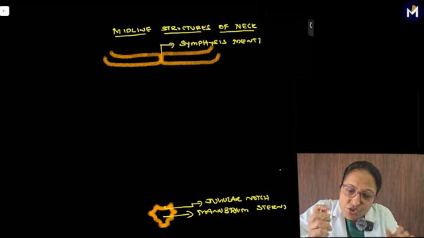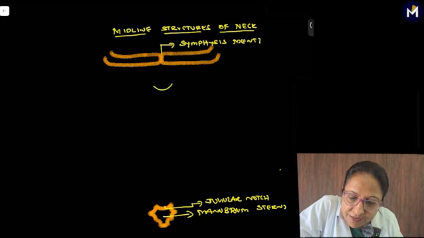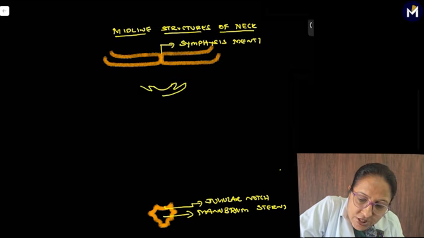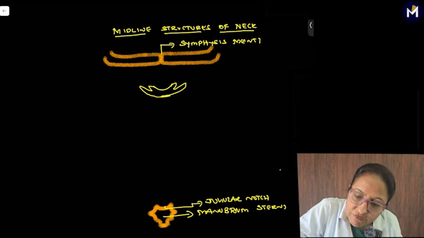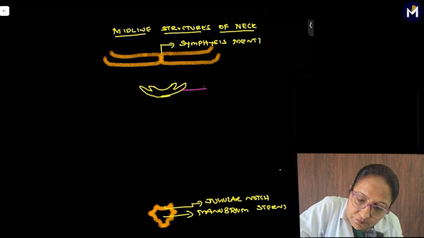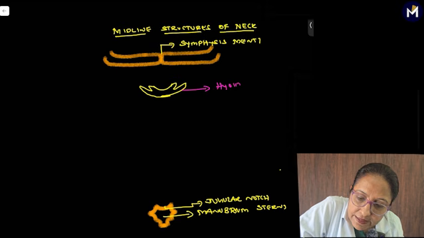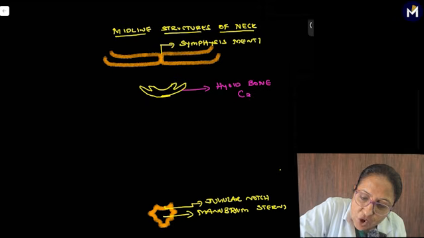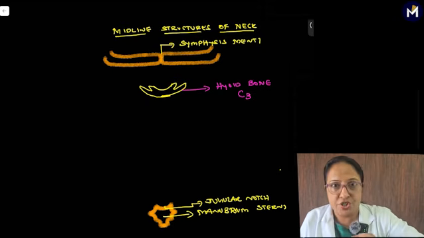So look at the structure of the hyoid bone. This is the body of the hyoid bone. This is lesser cornua and this is greater cornua. So this is the hyoid bone. So we'll label this as hyoid bone, which lies approximately at the level of C3 vertebrae.